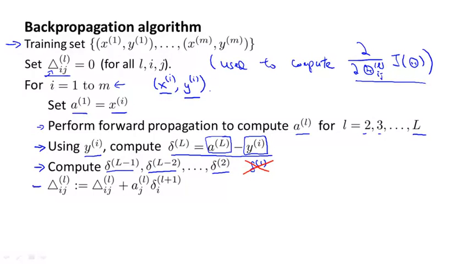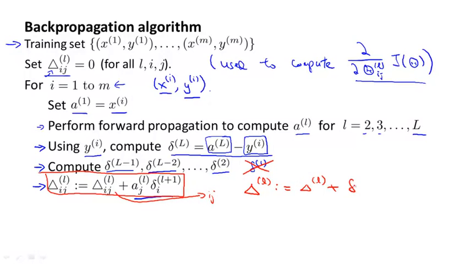And finally, we use these capital delta terms to accumulate the partial derivative terms that we wrote down on the previous slide. By the way, if you look at this expression, it's possible to vectorize this too. Concretely, if you think of capital delta ij as a matrix indexed by subscript ij, then you can rewrite this as: capital delta L gets updated as capital delta L plus lowercase delta L plus 1 times A L transpose.